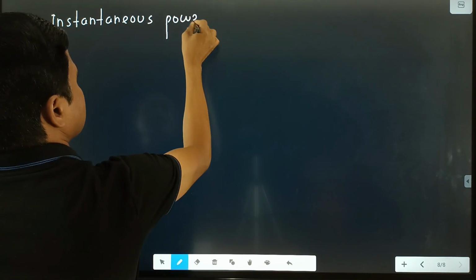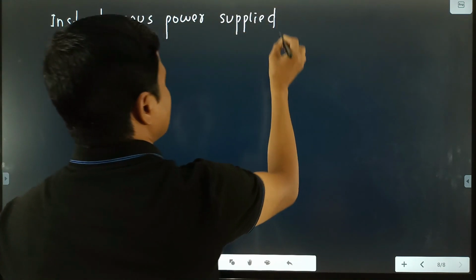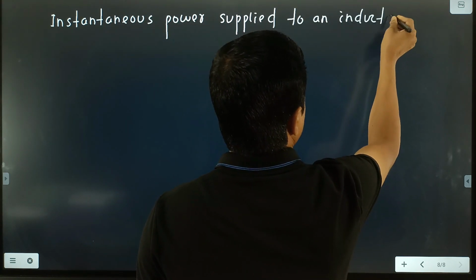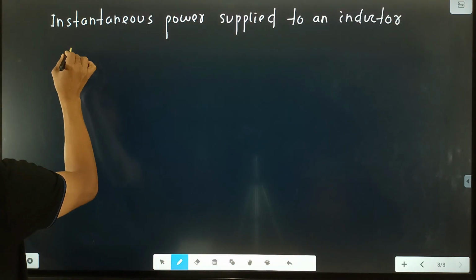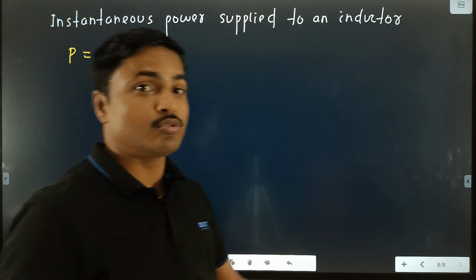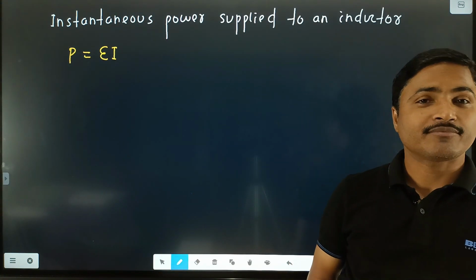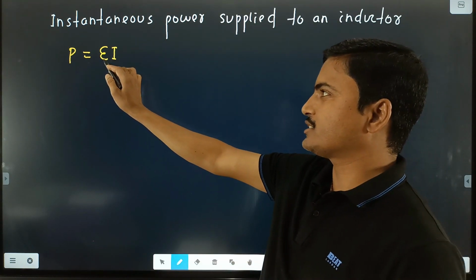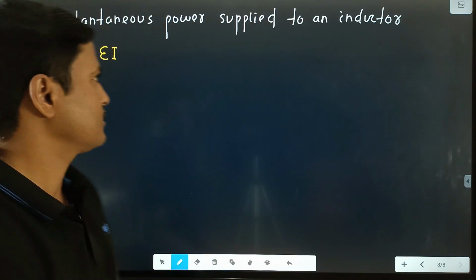Instantaneous power supplied to the inductor, we write the formula P. P is equal to E multiplied by I. You know this formula from Joule's law of heating effect, in the chapter on current electricity. Power is equal to voltage or potential difference multiplied by current.